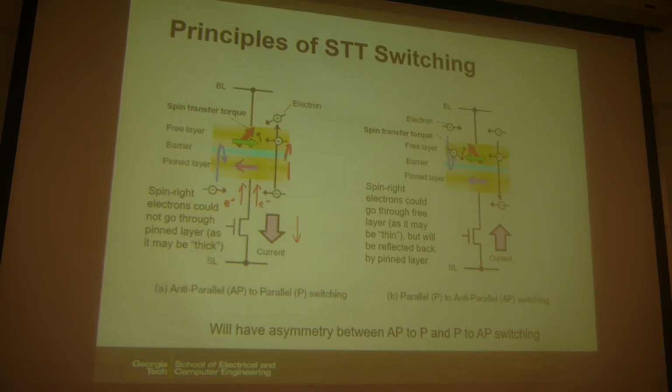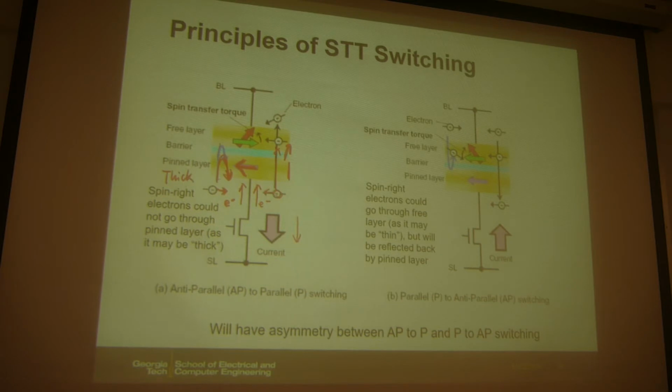But when the electron goes into this pinned layer, because the pinned layer is to the left, electrons pointing to the left will pass because they have the same polarity. But the electrons pointing to the right will be reflected. It will not allow the electrons pointing to the right to go through the pinned layer, because this pinned layer may be very thick.